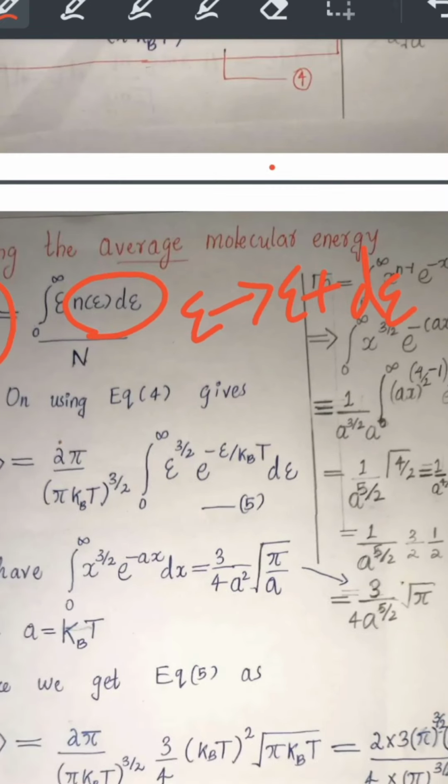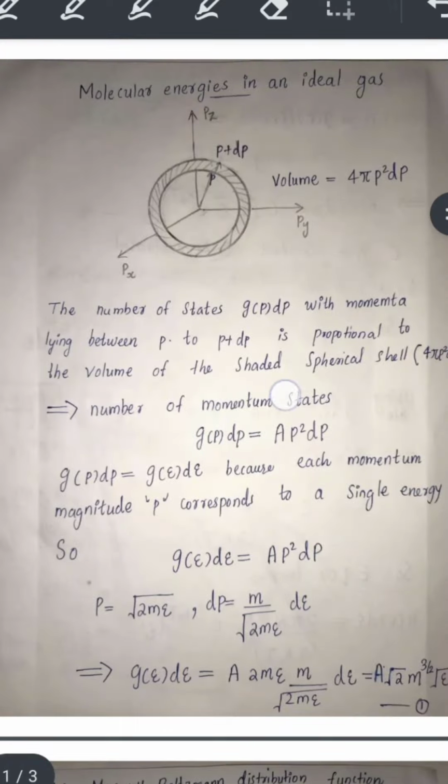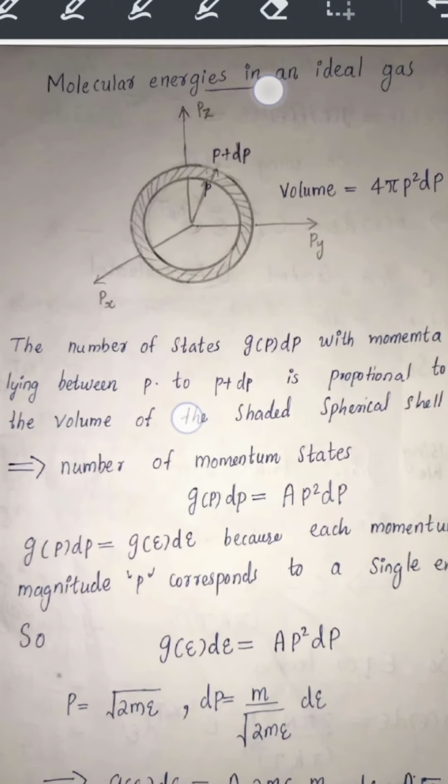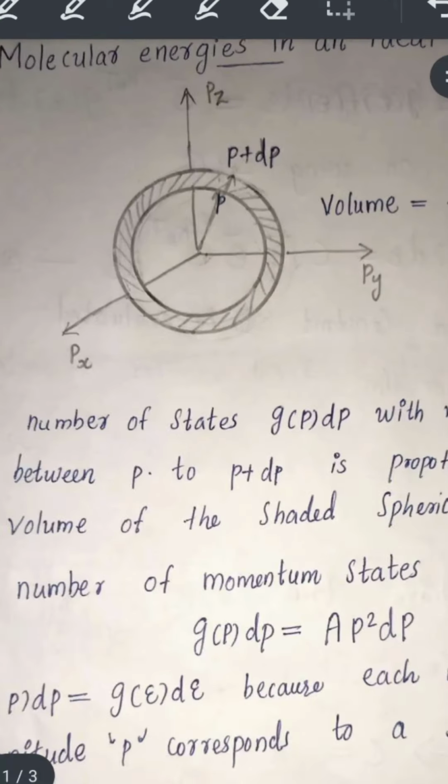So our first target is to find this N of epsilon d epsilon. For that, let me first draw a momentum space. From classical mechanics, we already know that each momentum corresponds to a state. This is not a circle. This is actually a sphere in three-dimensional space.